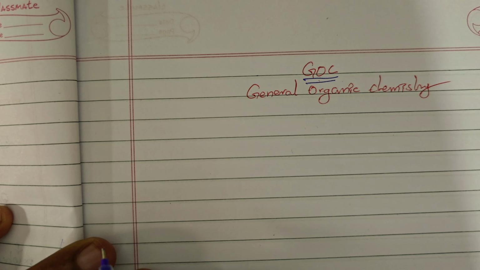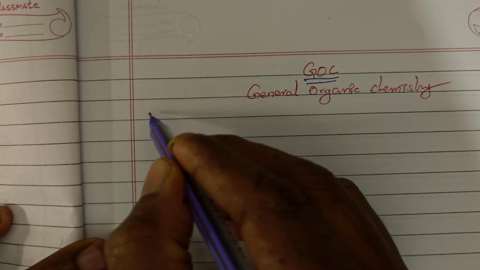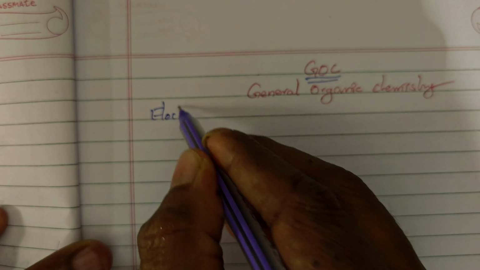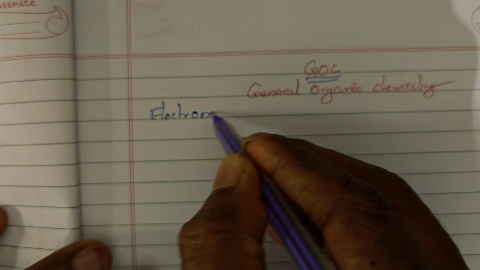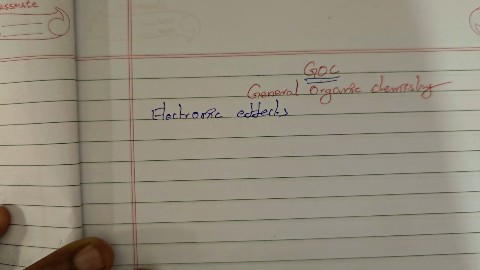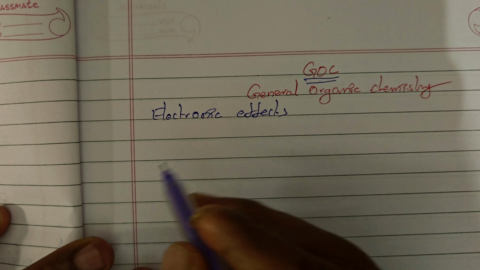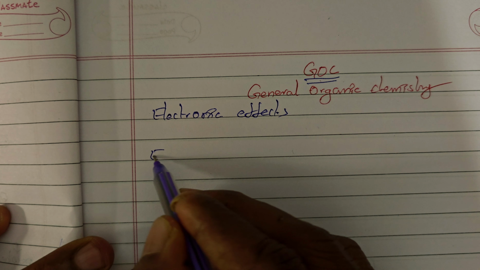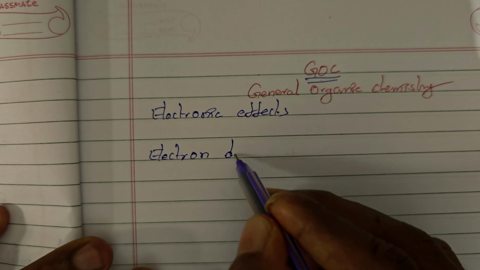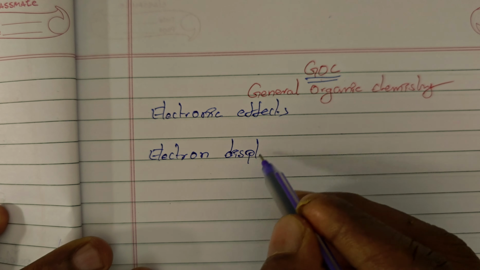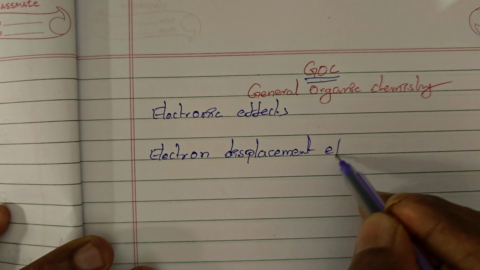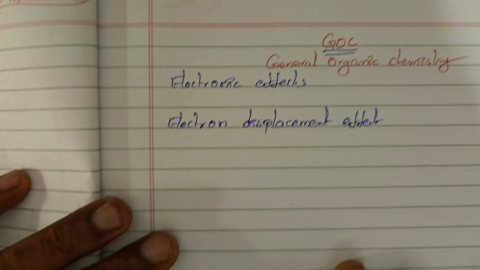In General Organic Chemistry, one of the important areas is electronic effects. Electronic effects, the complete name is electron displacement effects.